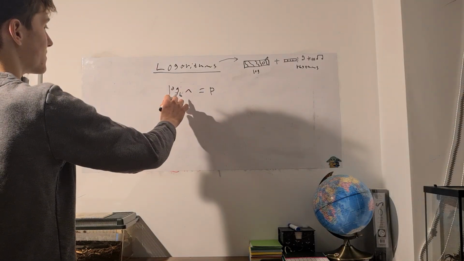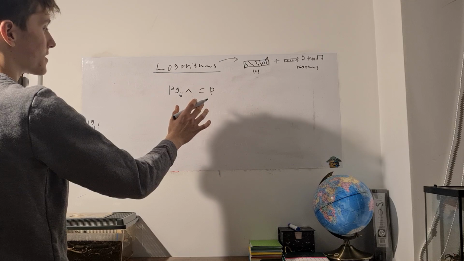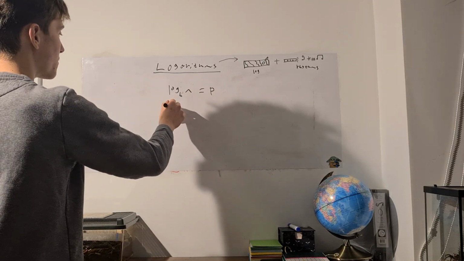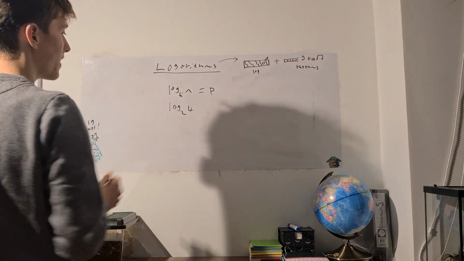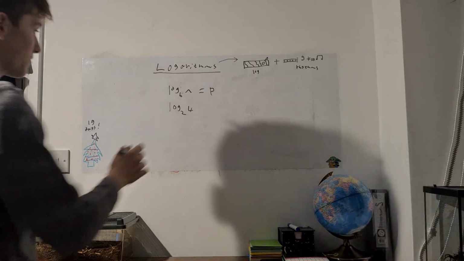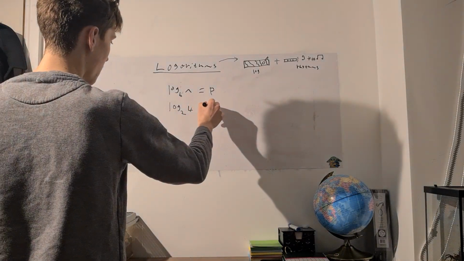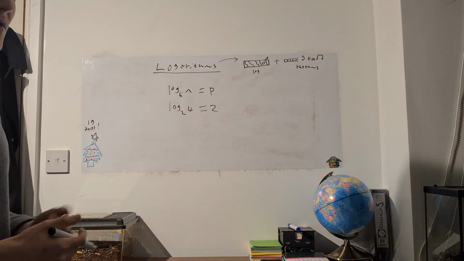What this means is, well, let me just write a number example actually, it'll be easier. So log 2, 4, right? Now, pretty simply, that just equals 2, okay? And obviously you don't know how that works right now unless you've done this before.